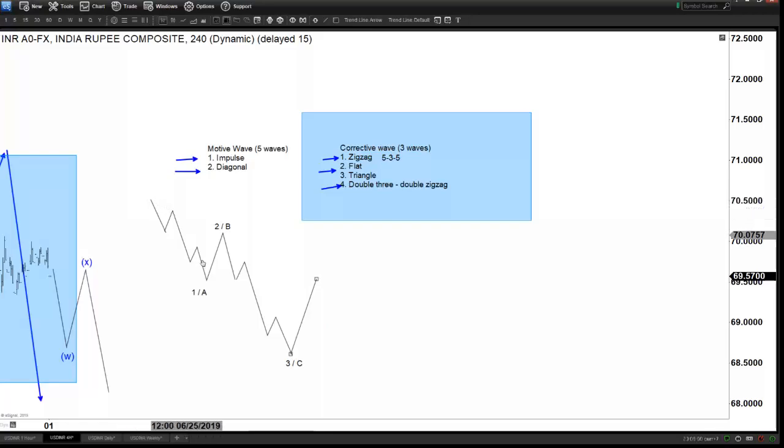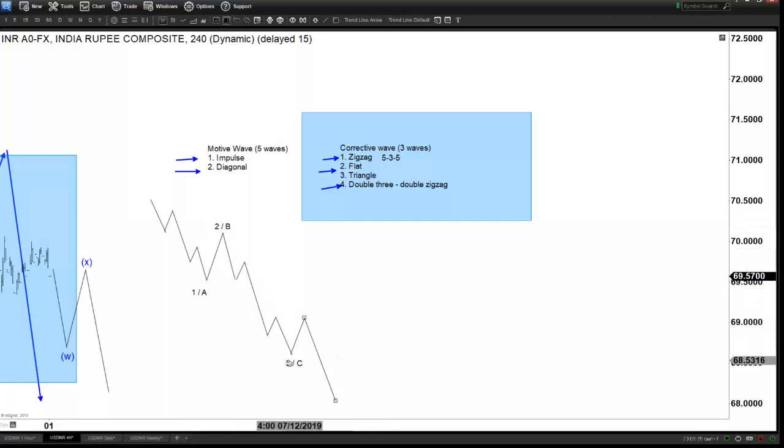But if the C leg is not really too strong and too long, it's only equal to the first leg, first swing, then okay, that could be your ABC. Everybody understand? You got it, guys, right? Because the subdivision is the same between 1 and 3 and A and C.